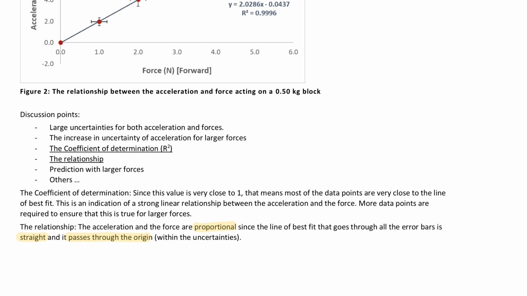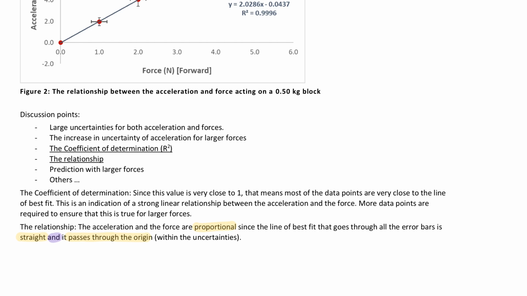So those are the two conditions that it needs to satisfy. It needs to be a straight line, and it needs to go through the origin. And you can see that for ours, it's not touching the origin exactly, but it's extremely close. So within the uncertainties, it would have passed through the origin.